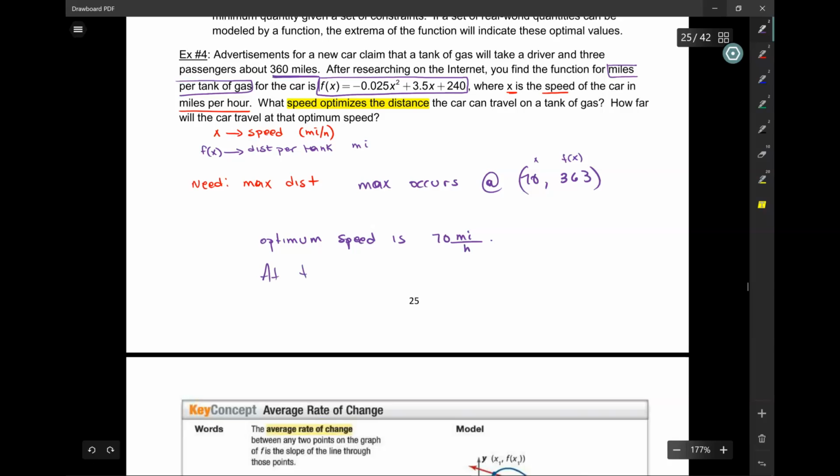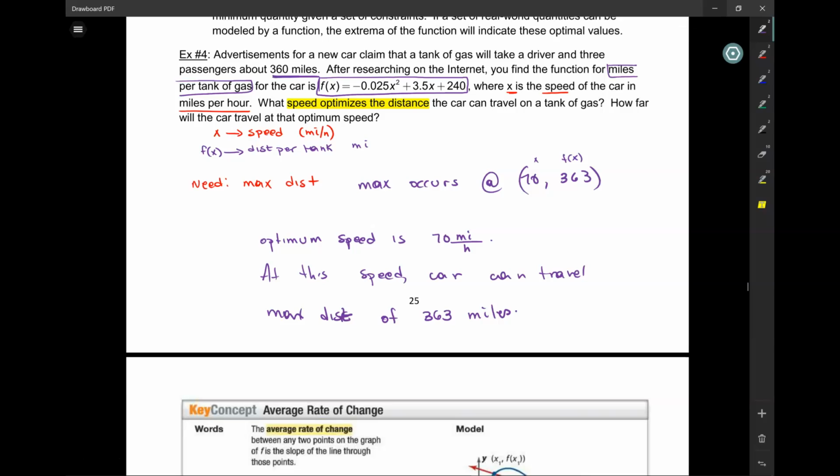At this speed, the car can travel a maximum distance of 363 miles.